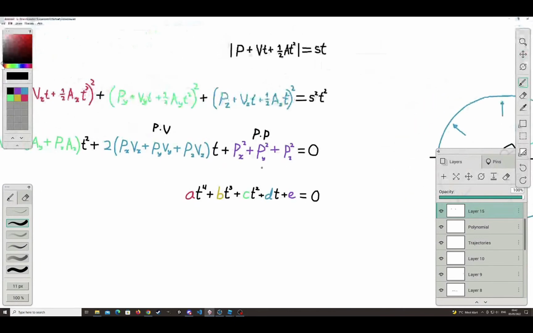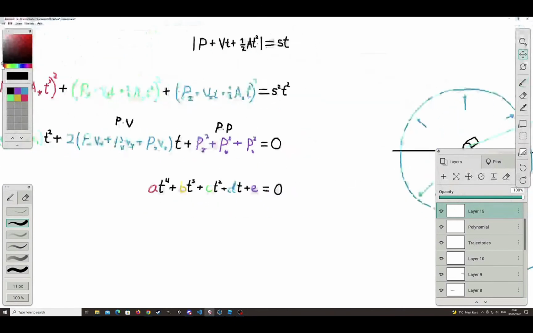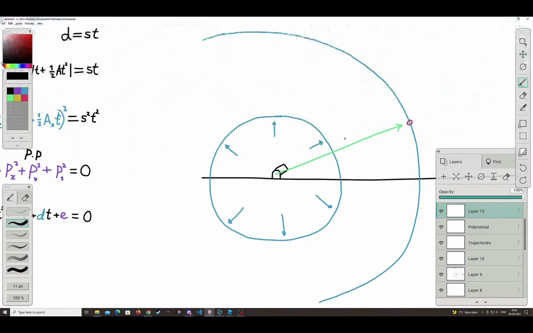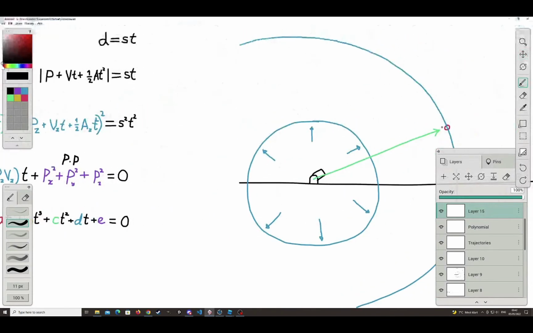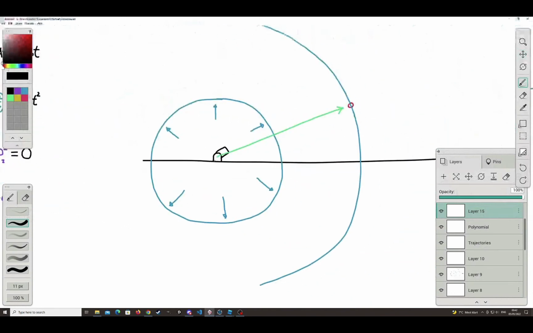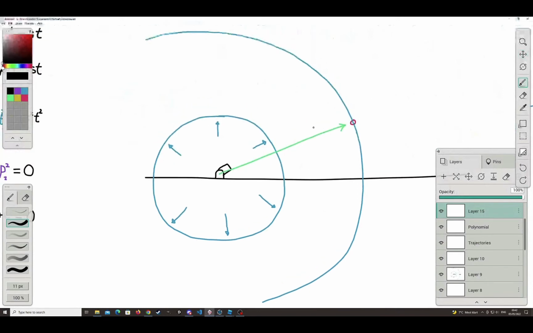Right. We're solving for t to find at which point in time the circle hits the target. And when we have that, then we can find out where this point will be at that point in time.